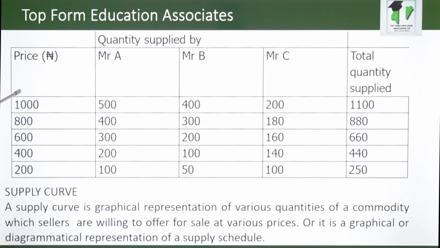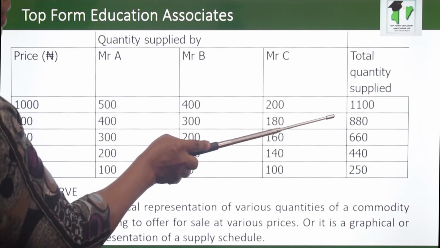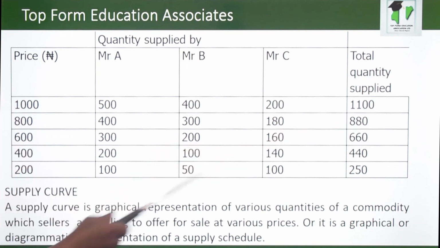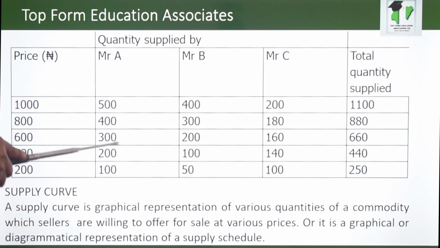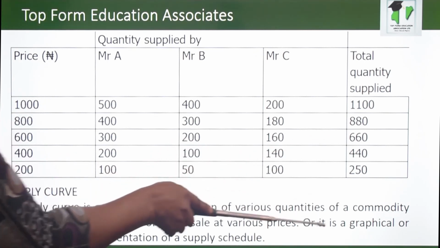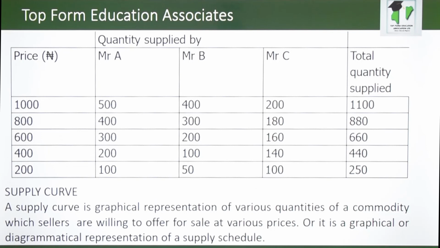As the price decreased from 1,000 to 800, quantity supplied decreased from 1,100 to 880. In that order, it continues as price continues to decrease. You can see, as price decreases, quantity supplied decreases, meaning that they are directly related.